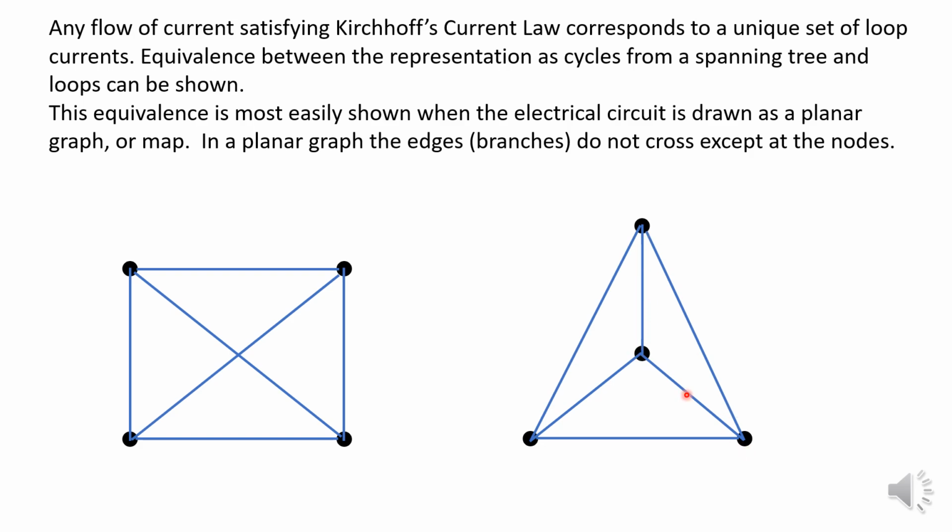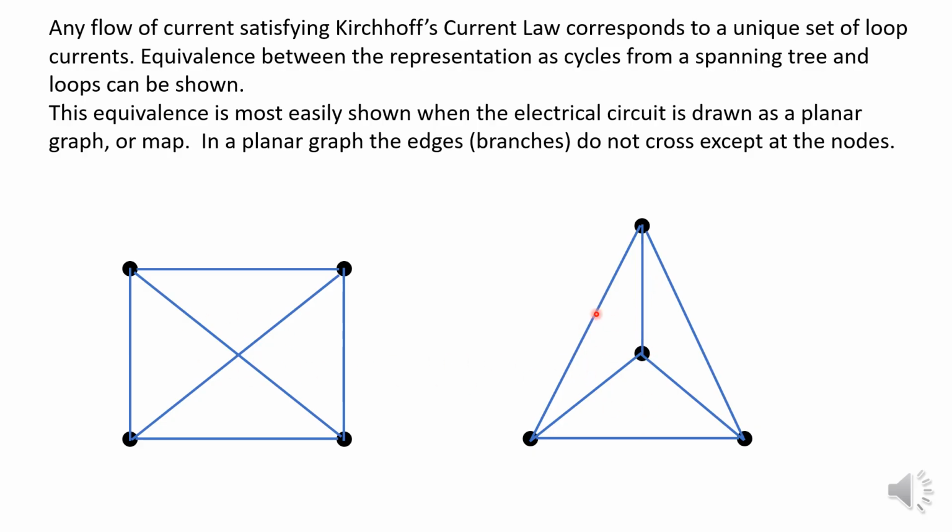You have 4 nodes and any pair of them are joined by a branch. So basically this circuit and this circuit are the same but just drawn differently. And here this is in the form of a planar graph because of the absence of edges crossing, unlike this.